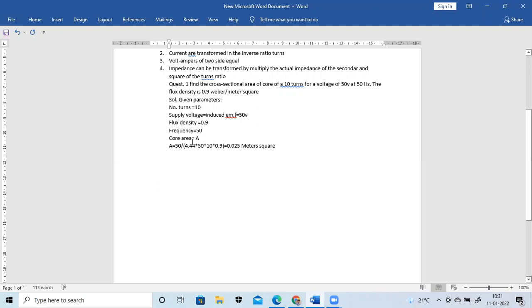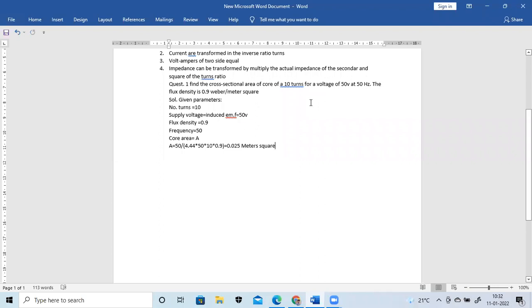Suppose cross-sectional area is provided, flux is already given, number of turns is provided, and we are just controlling the frequency of the supply voltage. No problem, in this way you may find those.